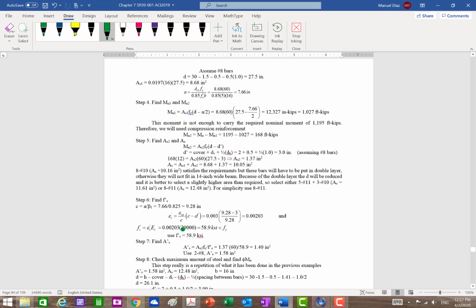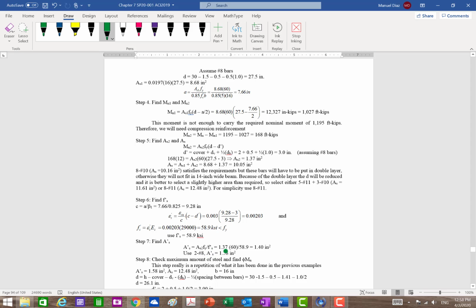All right. So with that, approximate my C, get my epsilon prime S value. So find my area of compression steel, right, by equating the additional tension force with the compression force.